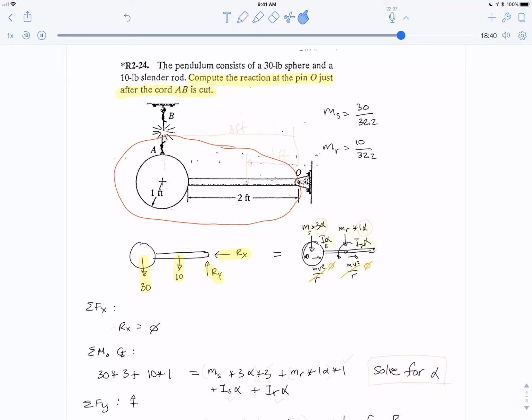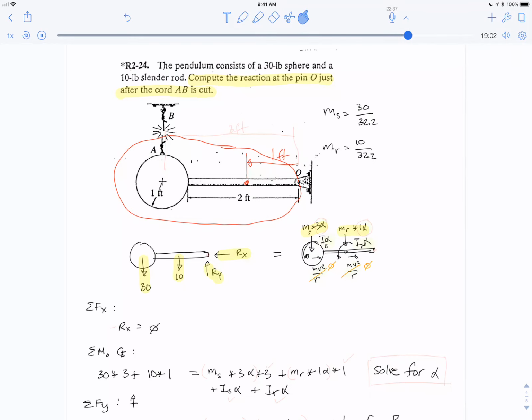So on the other side, what you have is M of the sphere times acceleration going down, M of the rod times acceleration going down. And you know that the acceleration of the rod is the alpha of the rod times the distance to the center of gravity of the rod, which is 1 foot.